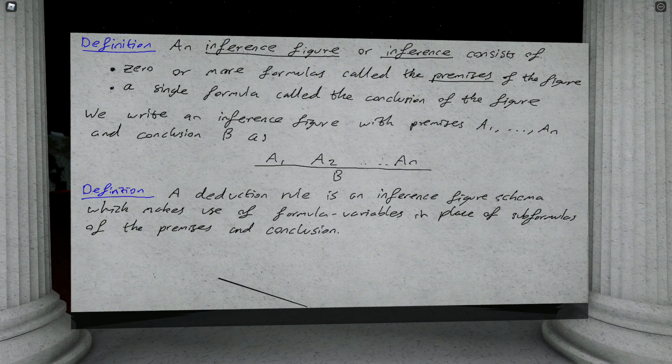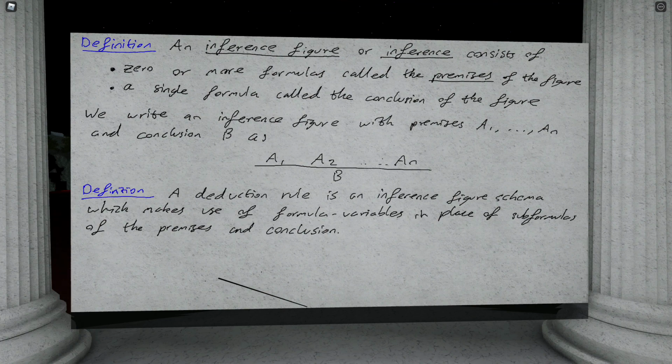And so what I mean by that is exactly what these deduction rules are, what I've written on these tablets here. A and B here are not themselves a particular predicate or a propositional variable or a particular formula.